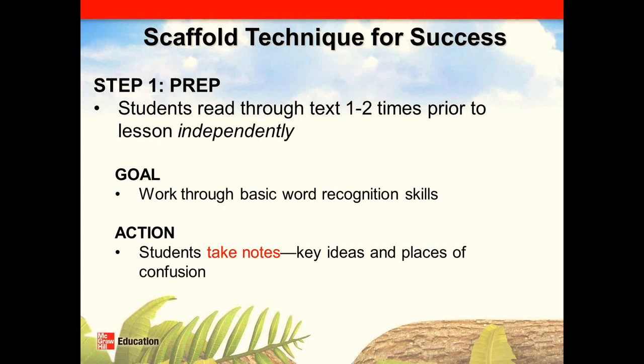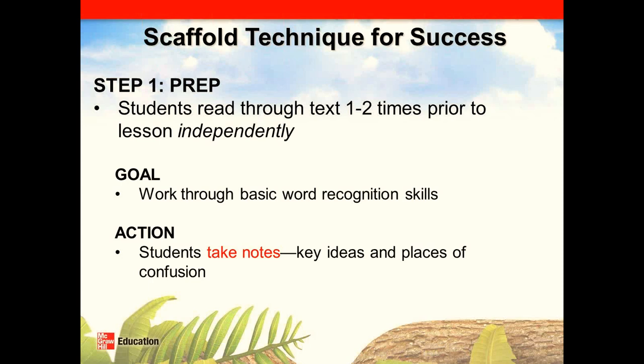This should be a metacognitive read in which students are thinking about their thinking. Students will take notes regarding the big ideas in the selection, but also indicate places in the text that are confusing. Some of you may have heard of this being reading with pen in hand. This is exactly it.